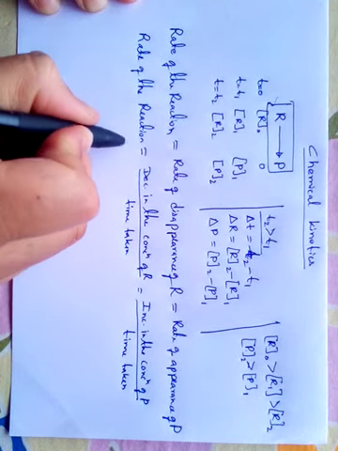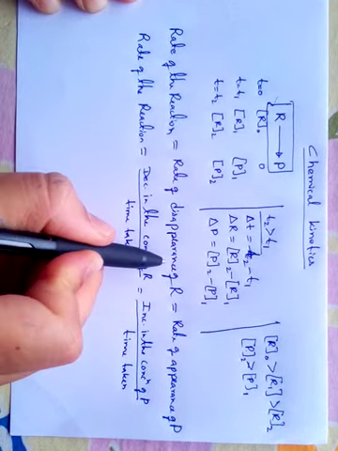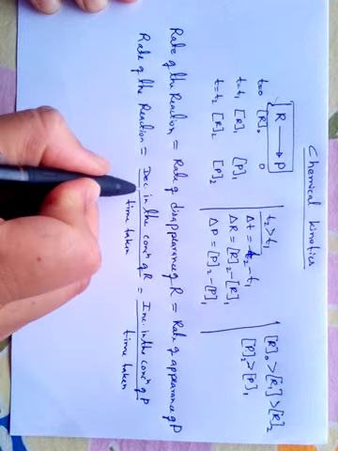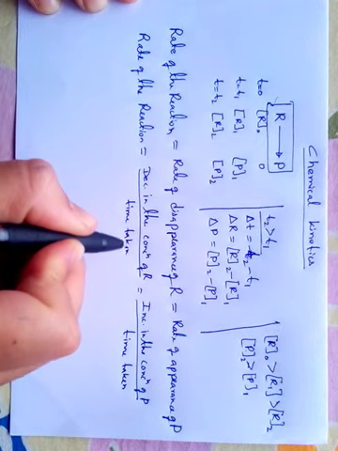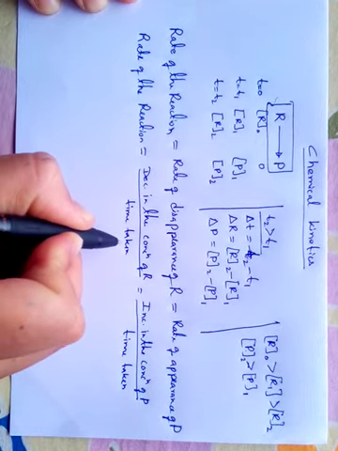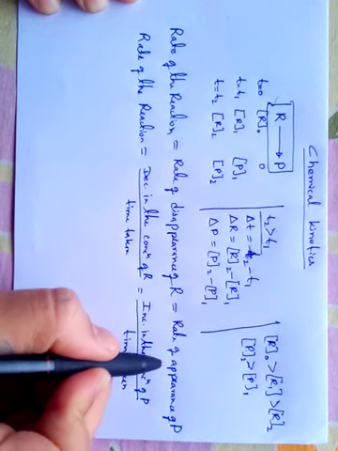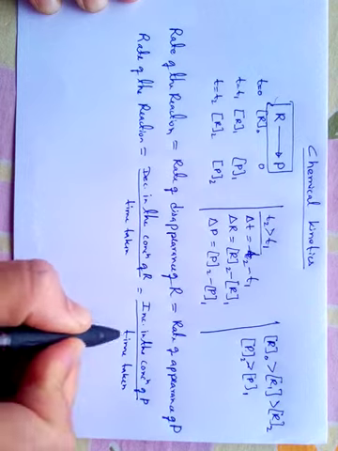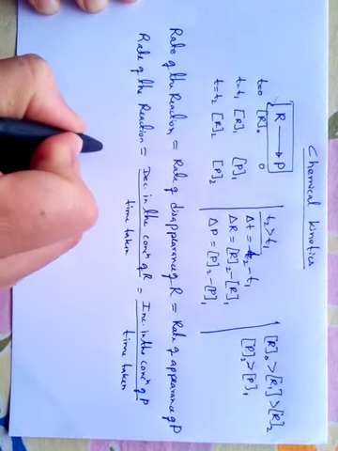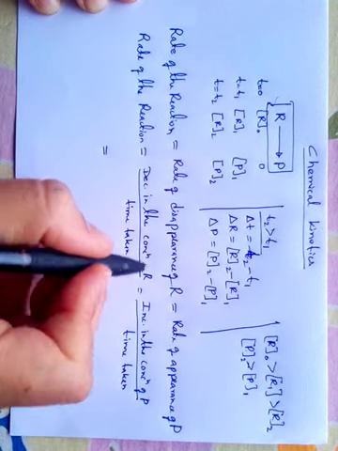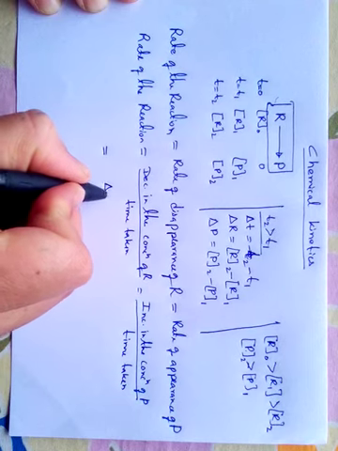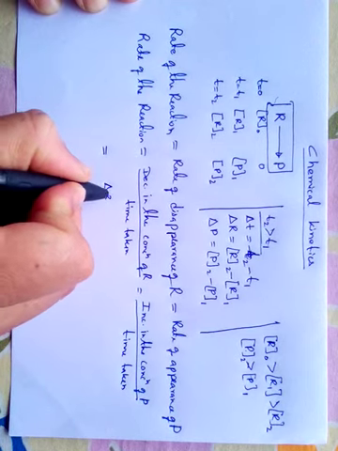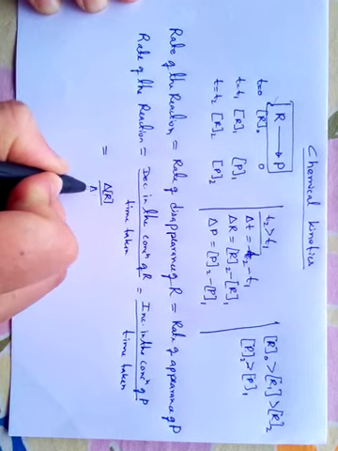Similarly, the rate of the reaction equals, now the rate of disappearance of R is the decrease in the concentration of R by time taken. It equals the rate of appearance of P, meaning increase in the concentration of product by time taken. Now the decrease in the concentration of R is delta R by delta t.